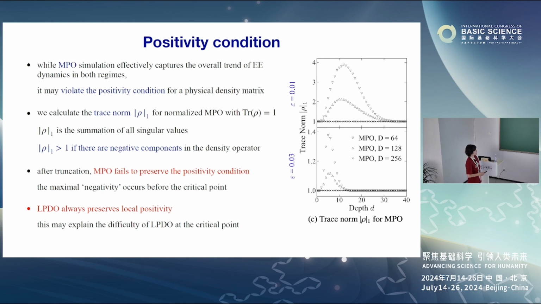The MPO simulation can effectively capture the overall trends in both regimes, but it may violate the positivity condition for a density matrix. To check whether the density matrix is semi-positive definite, we can calculate a threshold, which shows the sum of the singular values. If the density operator is not positive, then this threshold will be larger than 1.